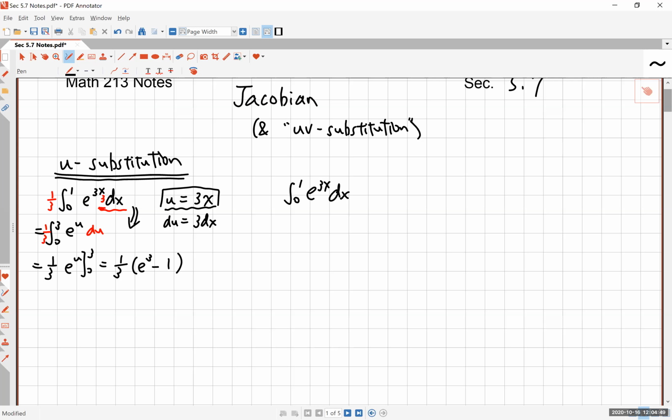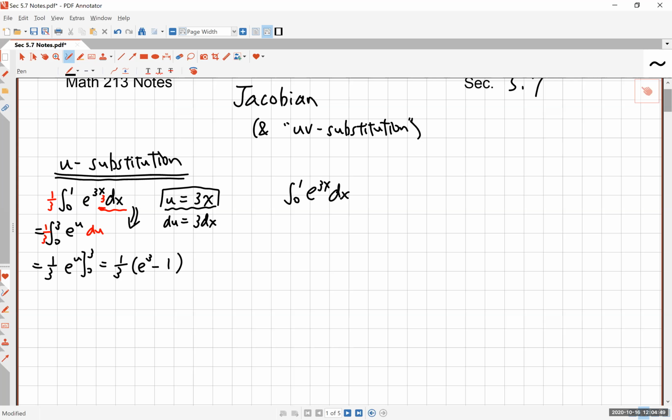So you're trying to solve a problem involving x and y. You have this region R, and you're trying to integrate some function f of xy. But instead, you identify an appropriate u and v, just like you decided your inside function should be u equal to 3x.